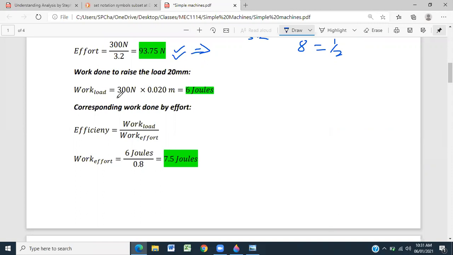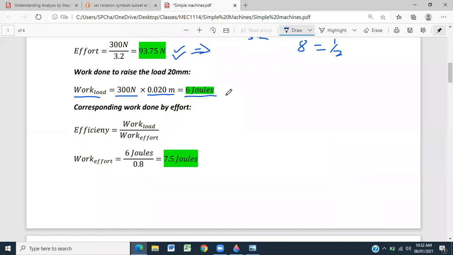So the work done on the load is equal to 300 newtons times 0.02 meters, right? Remember, always convert back to your standard units. And that's equal to 6 joules. Newton meters, work measured in joules.